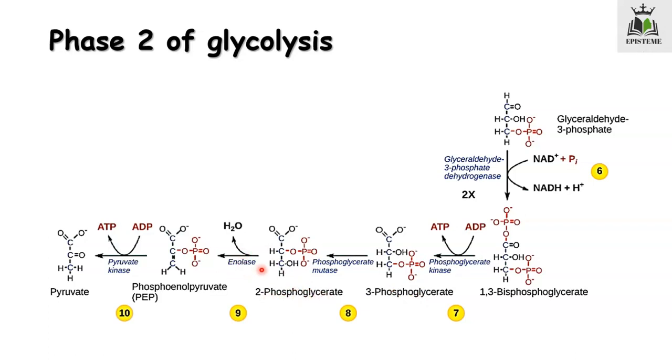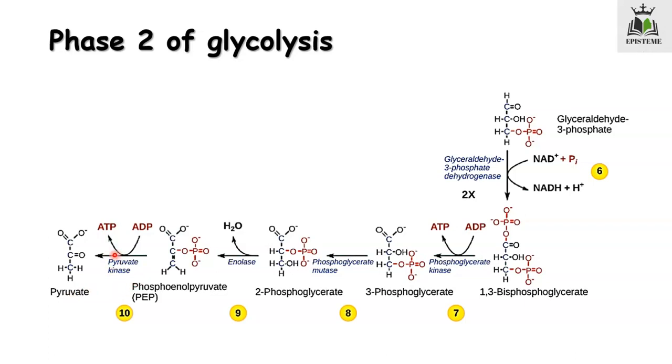Next enolase acts, H2O is released, and phosphoenolpyruvate is produced. In the last step we have pyruvate kinase, again a kinase enzyme. It adds the phosphate group to ADP and converts it into ATP, and the leftover is pyruvate, the end product compound of glycolysis.